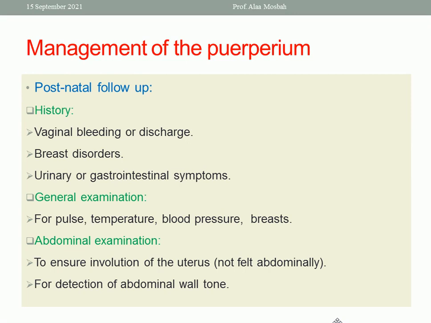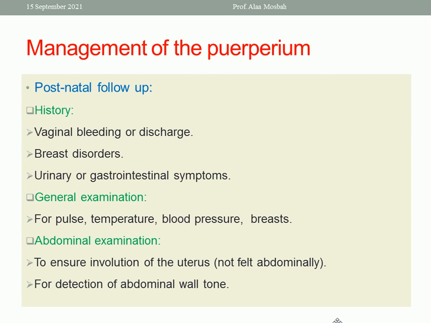We should take history from the patient about vaginal bleeding or discharge, breast disorders, urinary or GIT symptoms, measure the vital signs, pulse, temperature, blood pressure, and examine the breasts for any engorgement, inflammation, mastitis.